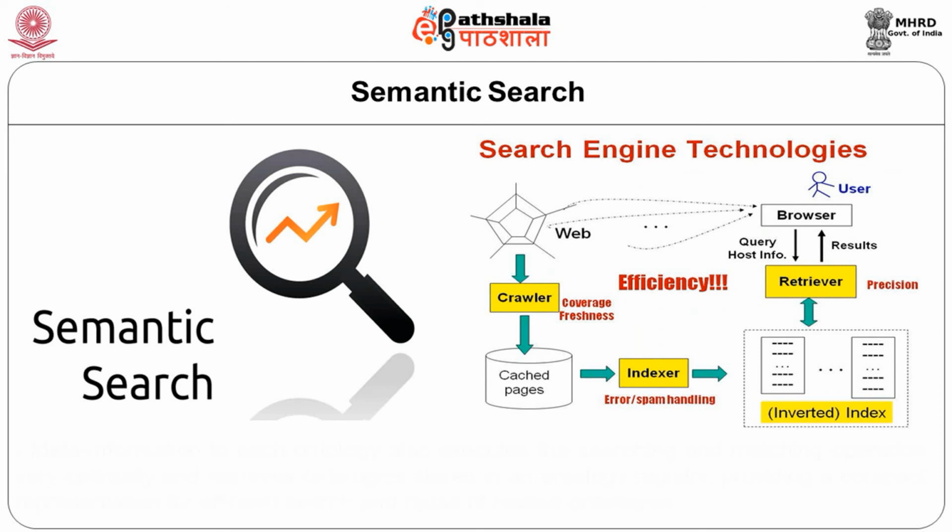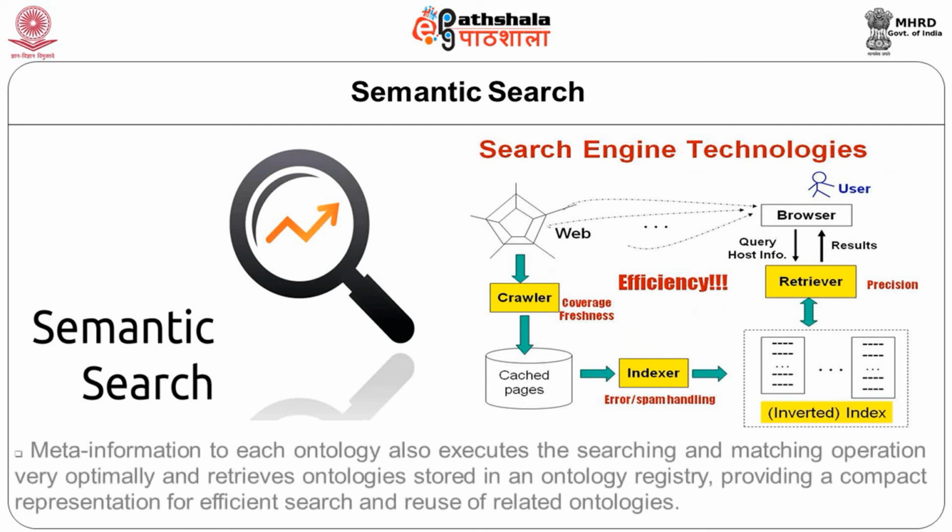So a semantic web is an extensive collection of static or dynamic semantic web documents, which is distributed on the web space. Meta information for each ontology is available and executes the searching and matching operation very optimally, and retrieves ontologies stored in an ontology registry, providing a compact representation for efficient search and reuse of related ontologies.